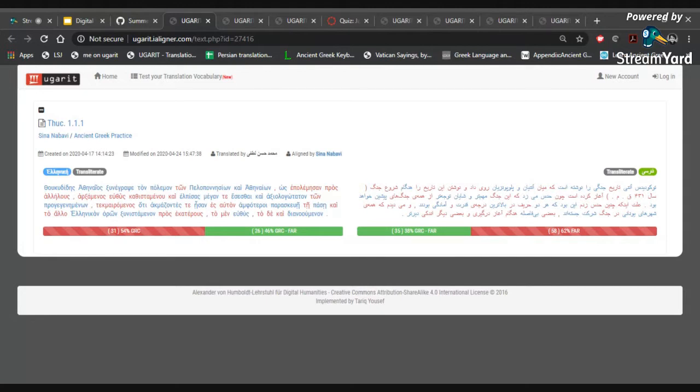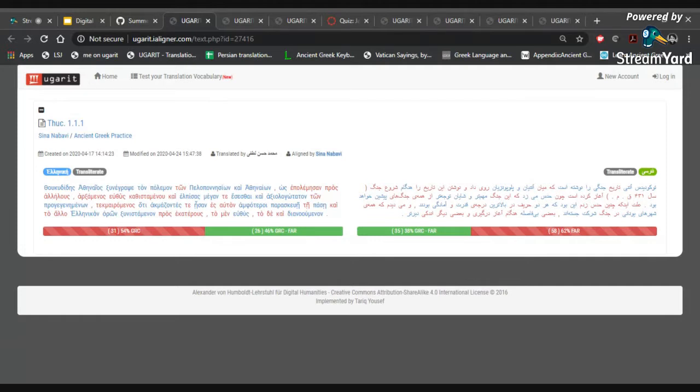And I would go with the third option. So I think not only do they have a different understanding of both, in this case the Persian translation and the Greek text, they have a different approach to alignment as well.